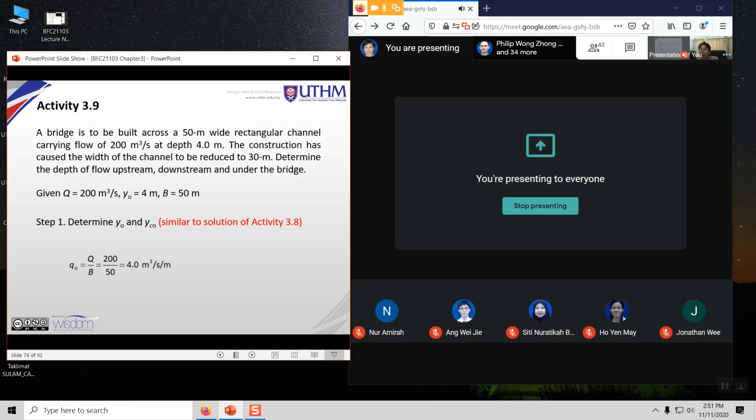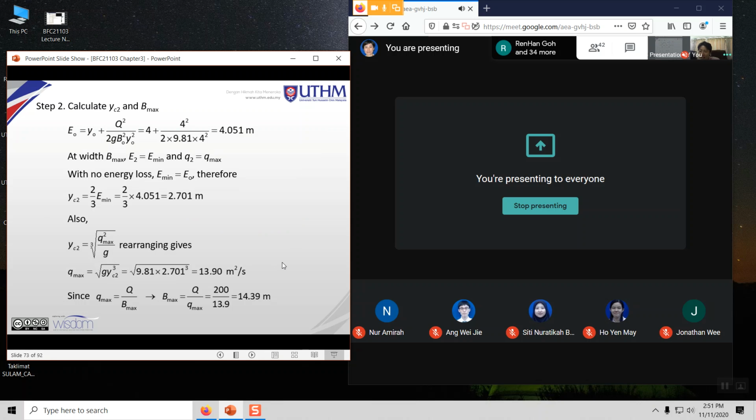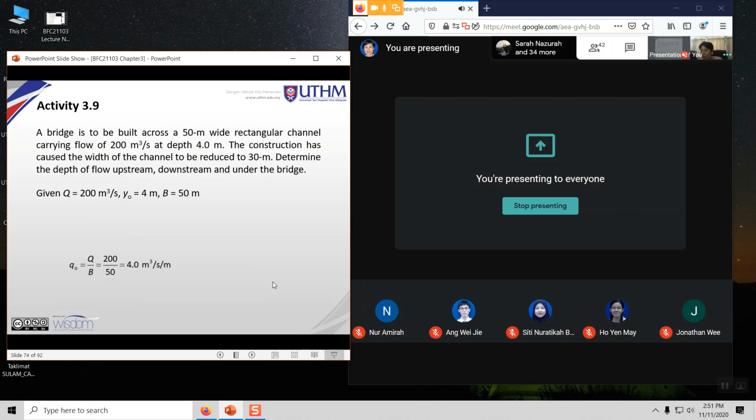Now, what if the width of the channel at location 2 is reduced to 30 meter? Just now we found that our B max is 14.39. So this should be case 1. Am I right, guys?